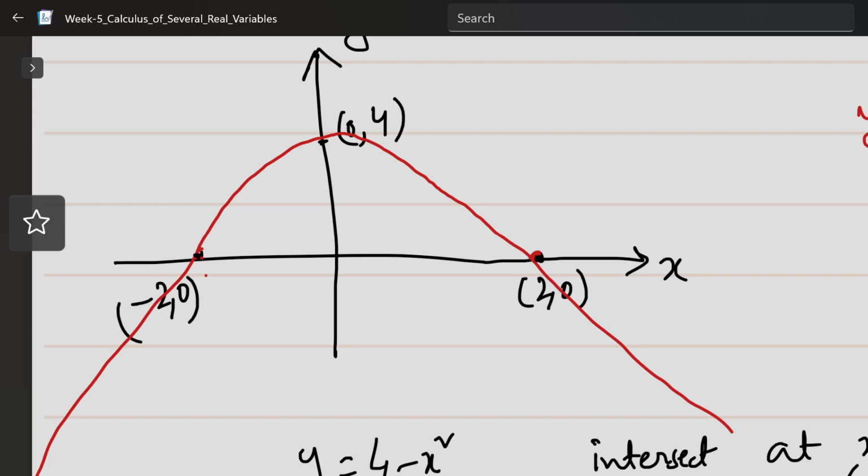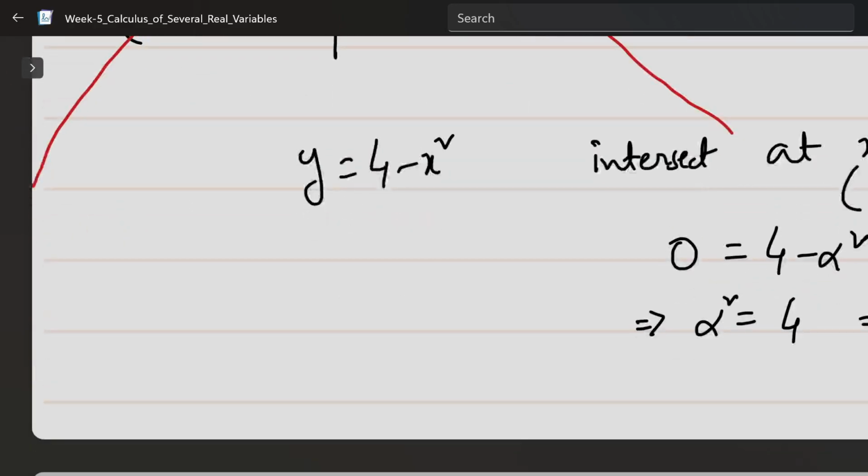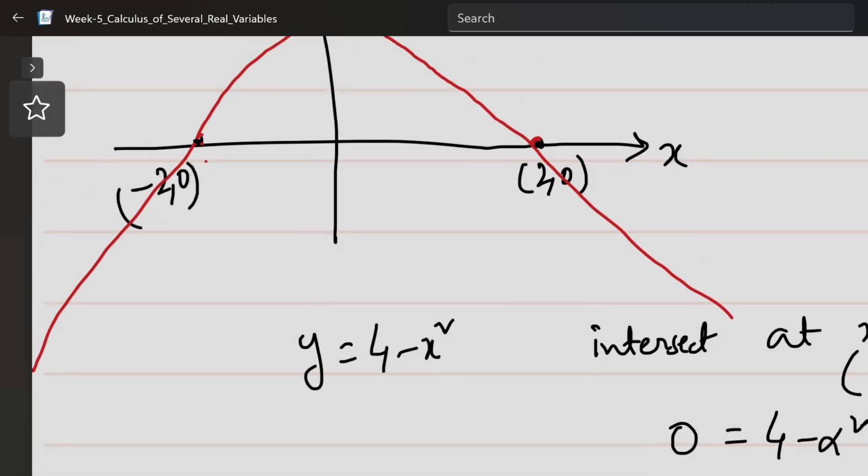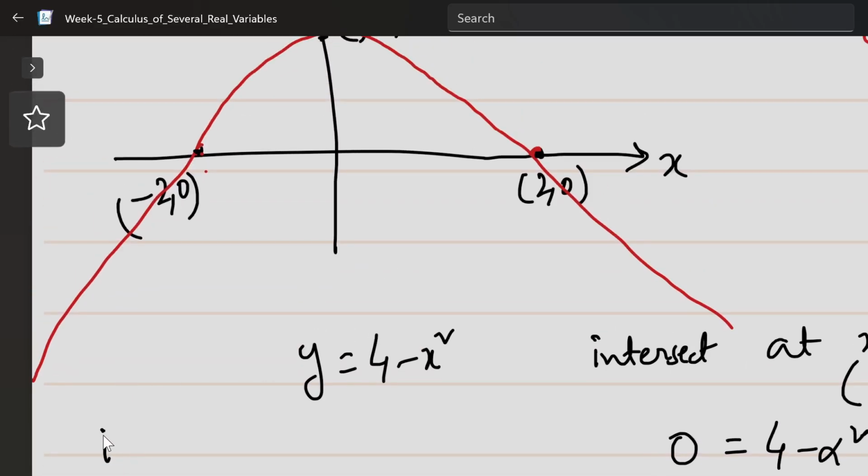So I'll put y as 0 and x as alpha: 4 minus alpha square equals 0. That means alpha square is equal to 4, so alpha equals plus minus 2. So it intersects the x-axis at 2 comma 0 and minus 2 comma 0.